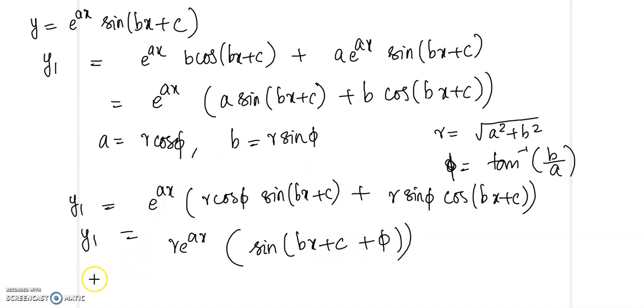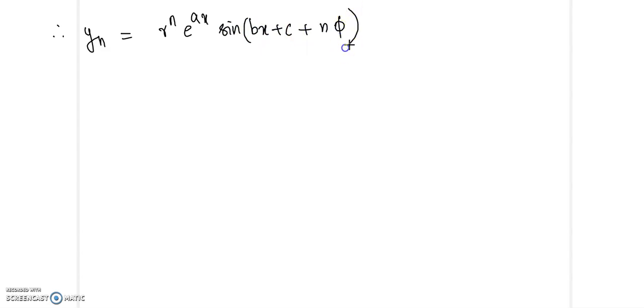Now again if you take the second derivative and continue the same procedure, you are going to get y2 equal to r square e raised to ax sin(bx plus c plus 2 phi). So therefore in general we can write the expression for yn. yn is going to be r raised to n e raised to ax into sin(bx plus c plus n phi), where we can substitute back r at the end.